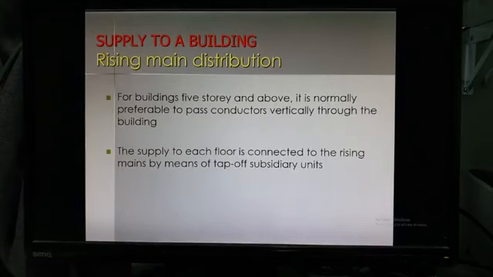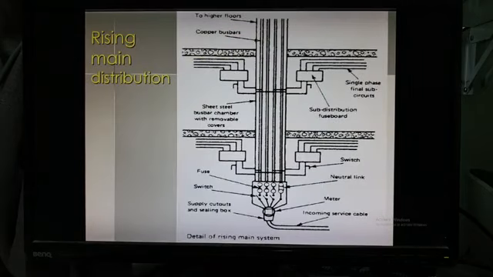Next is rising main distribution. This is exclusively for high-rise buildings. So for buildings 5-story and above, it is normally preferable to pass conductors vertically through the building. These vertical conductors pass through what is known as the riser. So the supply of each floor is connected to the rising main by means of tap-off subsidiary units. So this is an example. This is the incoming service cable, which is usually located underground or at the service level.